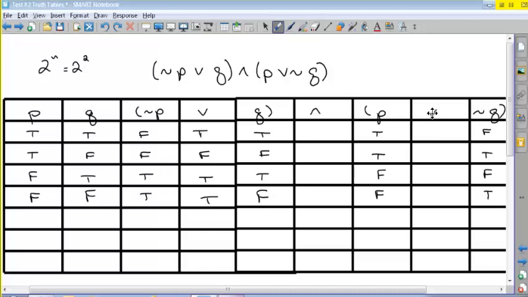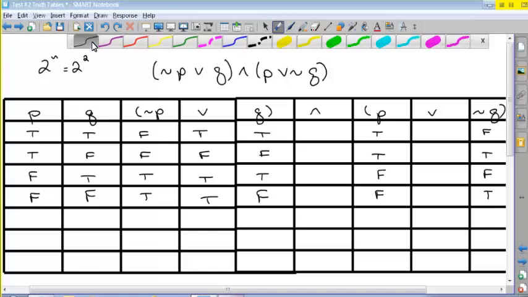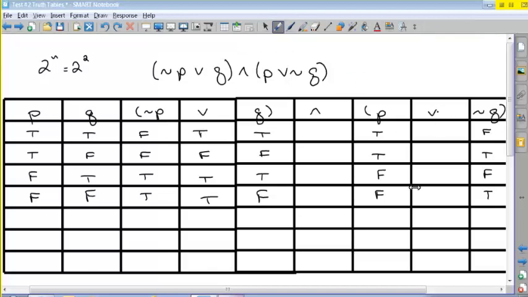Here we have another OR statement. So again, we look for the case where we have two falses. Actually, let me correct what I just said there. It's an OR statement, so the only one that's false is where they're both false. Otherwise, as long as there's one true in there, we're in good shape.